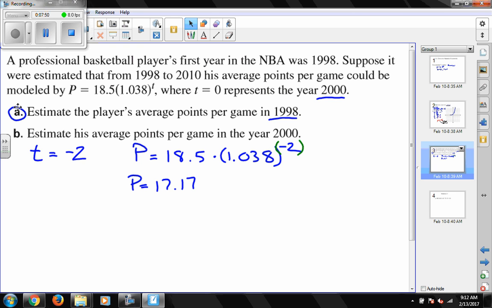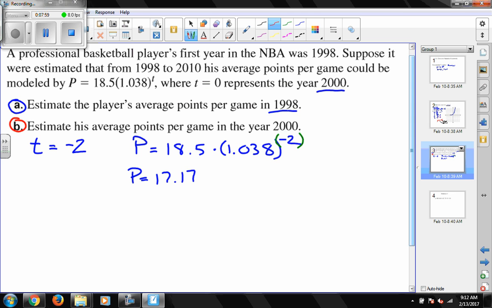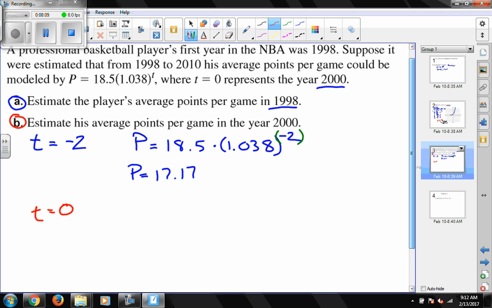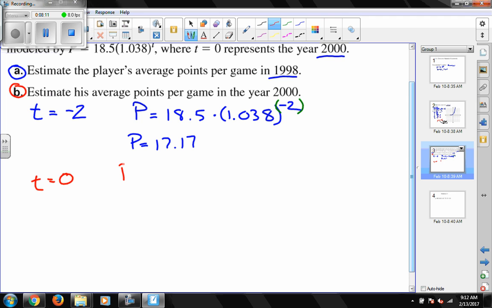Now that we've got the first part taken care of, we want to estimate his average points per game in the year 2000. 2000 is 0 years after 2000, which we are given. So our T value is going to be 0. We plug into our formula.